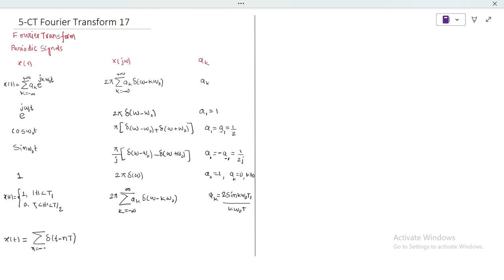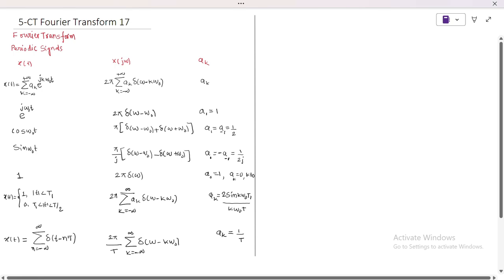For this case, the Fourier coefficient ak value we already found in the continuous time Fourier series: ak equal to 1 by T. Then substituting ak equal to 1 by T, the Fourier transform equals 2 pi by T sigma del of omega minus k into omega naught, k equal to minus infinity to plus infinity.